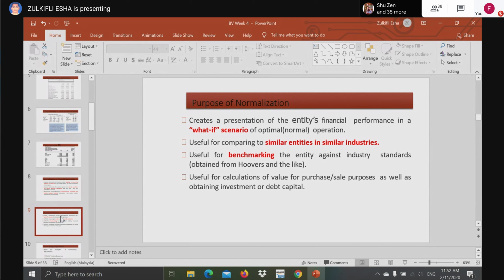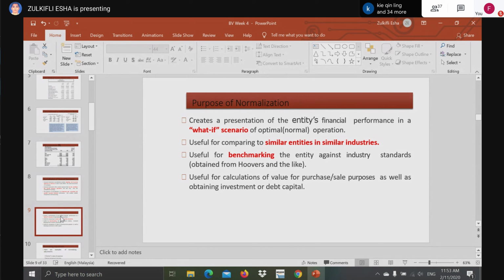So let's say if you are the food manufacturing company, you may need to compare with your competitors within the food manufacturing industries. You cannot compare, let's say if you are in the food manufacturing industries, you cannot compare your company with any companies from financial industries. So because it will be not comparable, kan? You need to compare apple to apple. You cannot compare apple to orange.